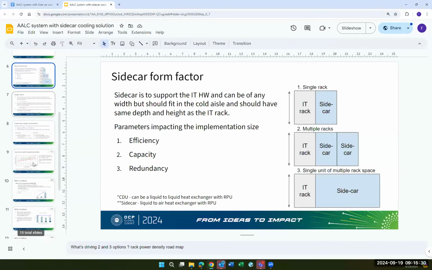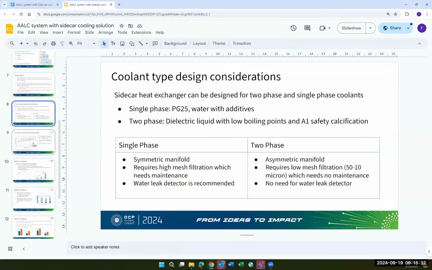Yes, so coming back to these two slides, this slide tells us what could be some of the equipment or manifold differences, or leak detection, and so forth.